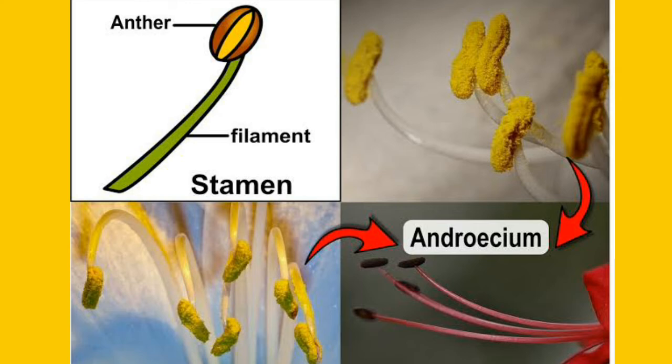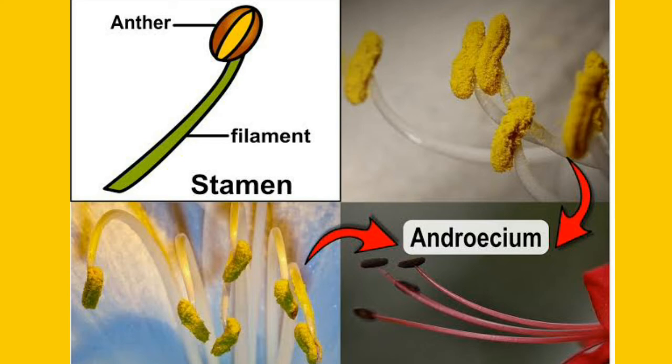So see children, which is the third circle or whorl of the flower? Androecium. And this androecium is made of stamens. Which are the parts of the stamen? Anther and filament.